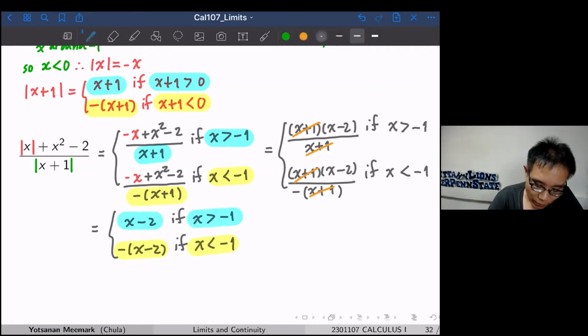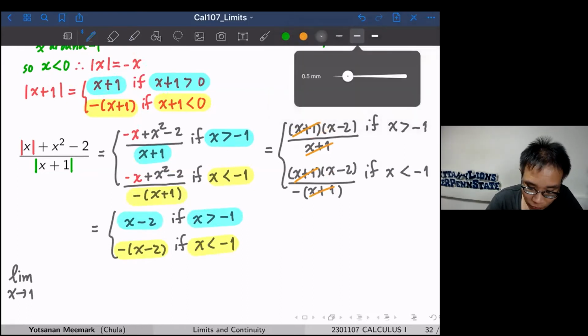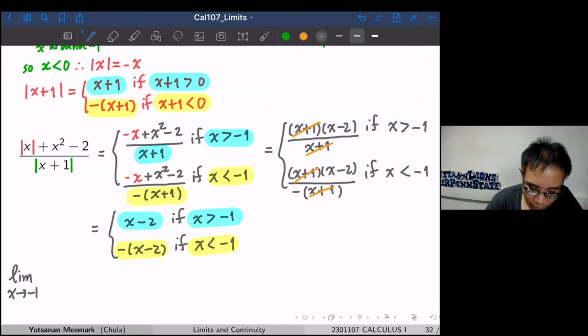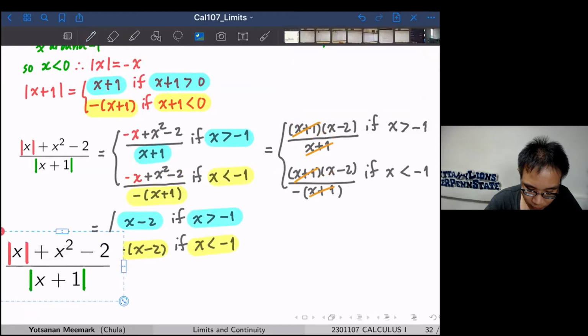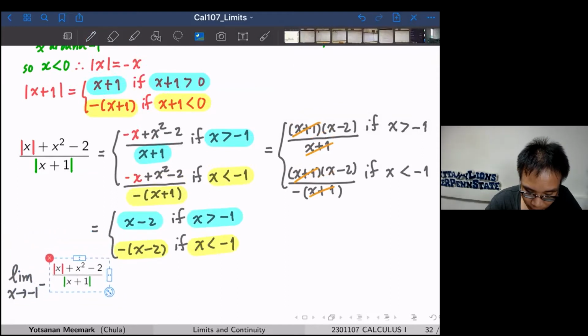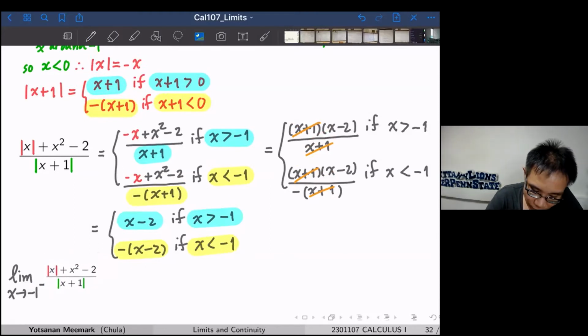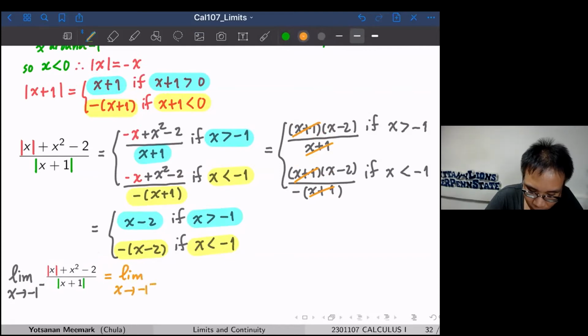And so we're going to compute the left and right limits. So the limit as x goes to negative 1 from the left of this guy, I paste this one like this, will be equal to the limit as x goes to negative 1 from the left.